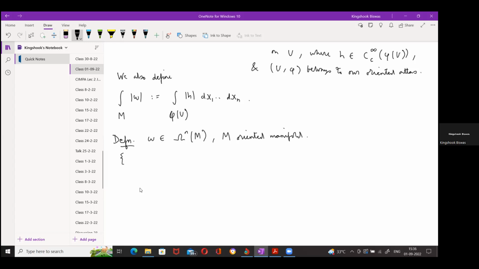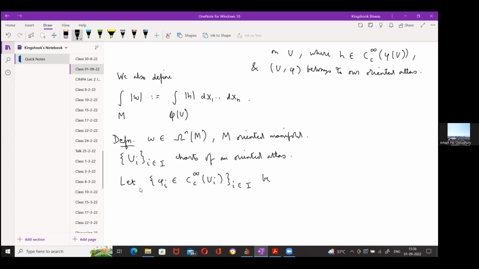So if U_i are charts of an oriented atlas, then you let phi_i, which are smooth with compact support in U_i, be a partition of unity subordinate to the cover U_i.